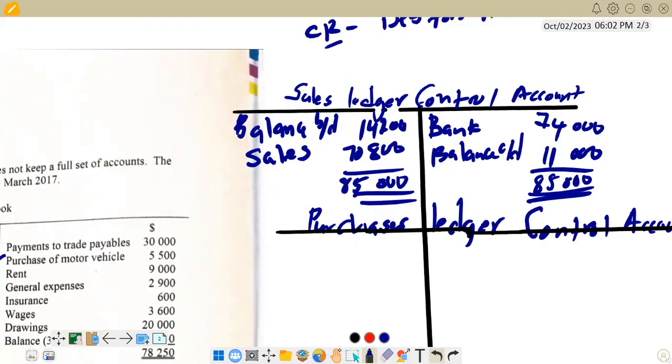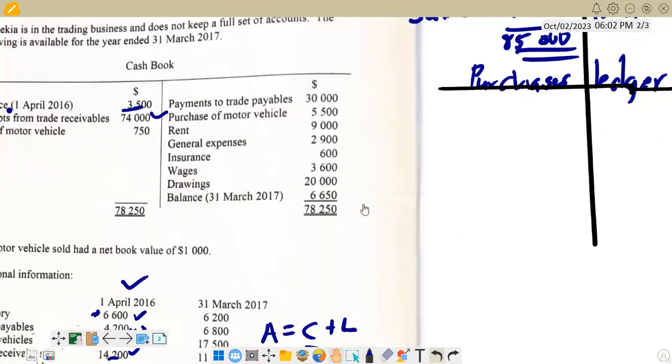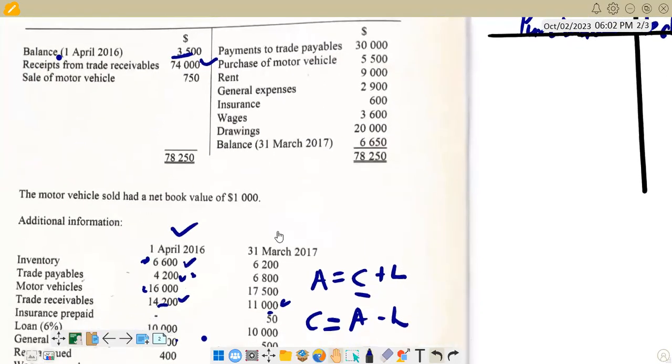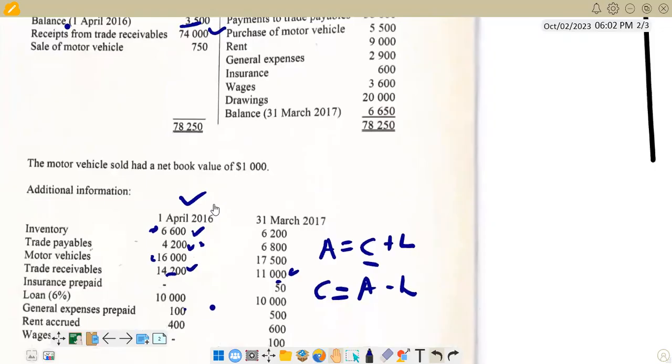Right, then we also have purchases. So now the purchase ledger control, we are looking at the balances that we have for the trade payables. So we go to our question and check what balances we have for trade payables. At the beginning, we had 4,200. So this is the figure that we are taking, 4,200 at the beginning.